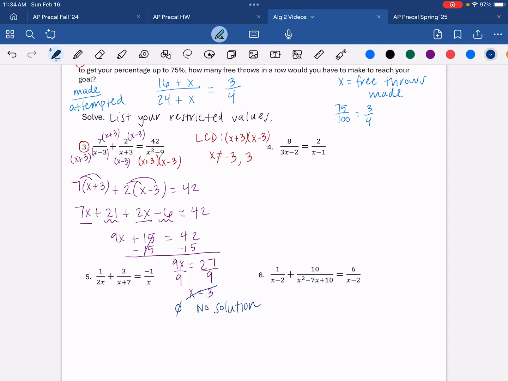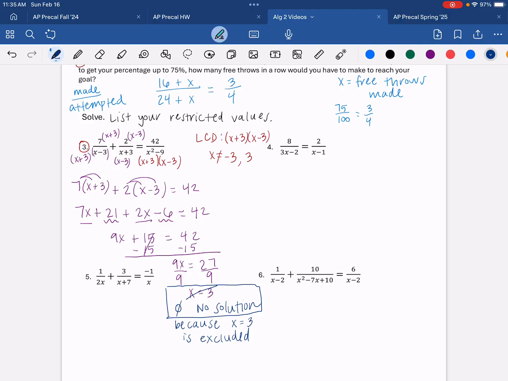You could just stop right there and be done. But the reason is because x equals 3 is excluded. You could use the vocabulary, it's an excluded value, it's a restricted value, it makes us divide by 0. But again, all I would expect to see would be crossing out the 3 and telling me that there's actually no solution.